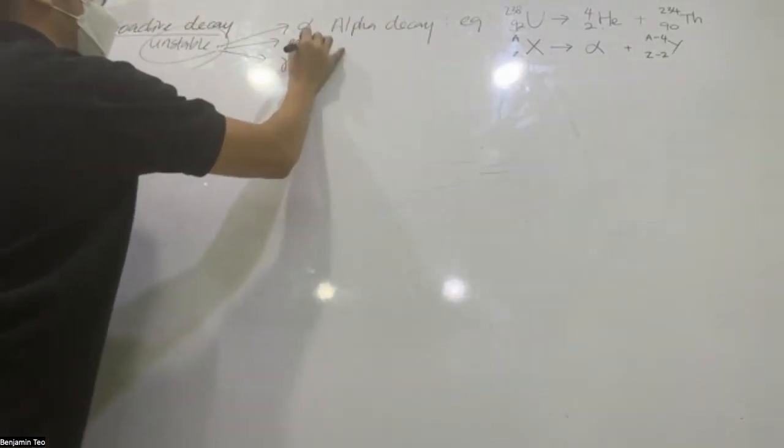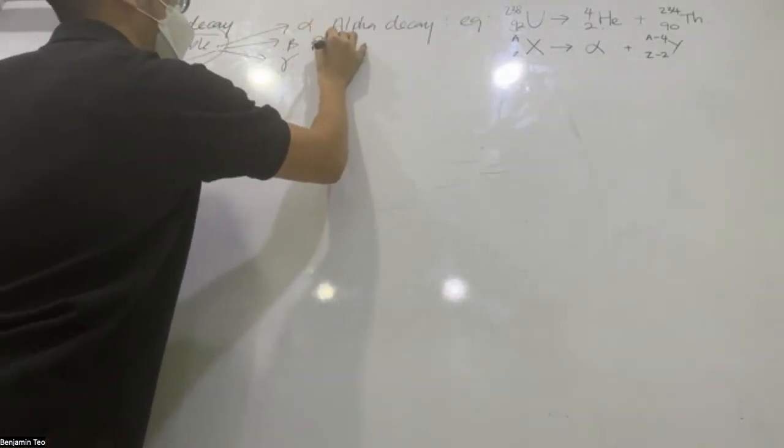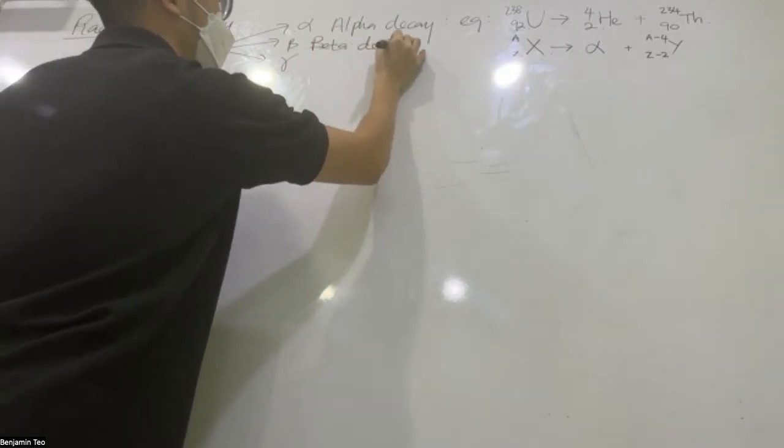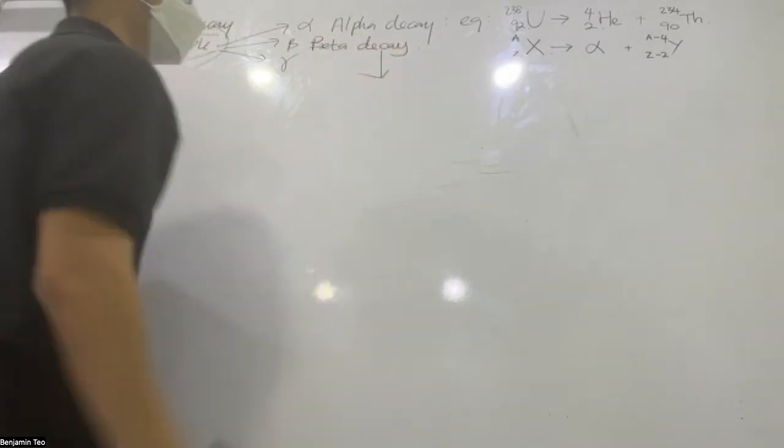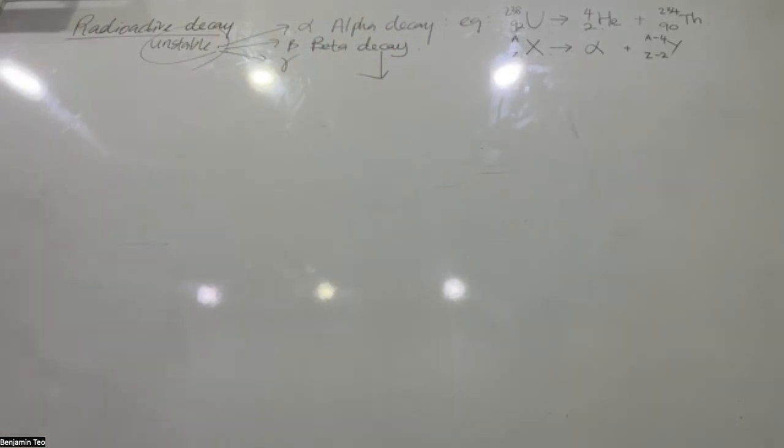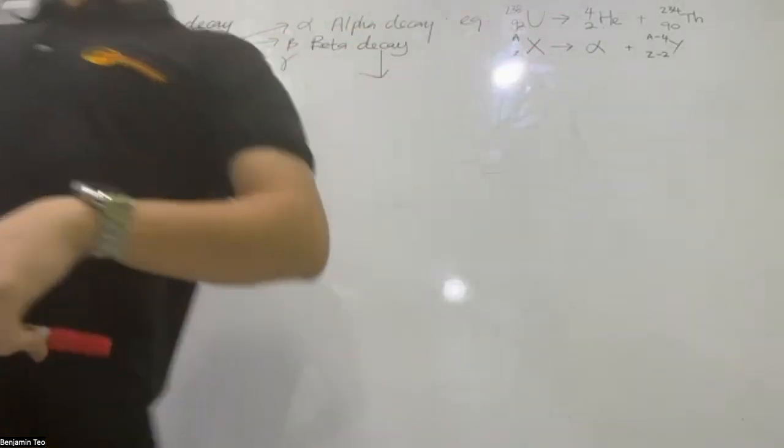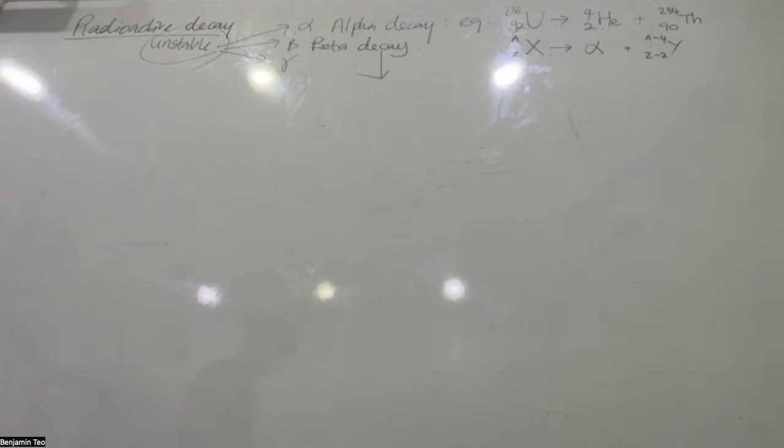Okay, second one, beta decay. Alpha decay is pretty straightforward, right? Just emit one alpha.